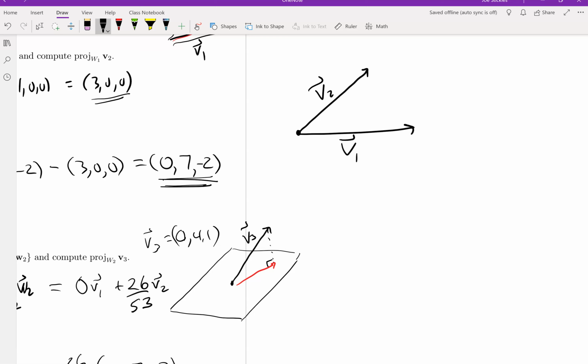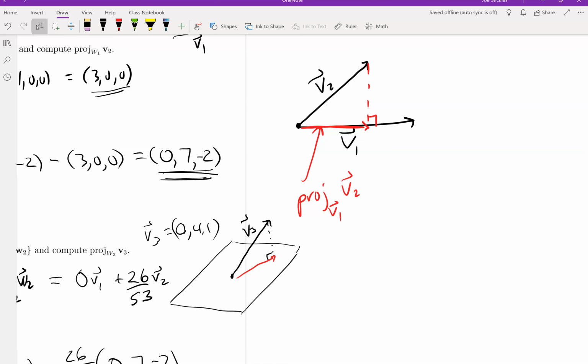So to get a vector that is orthogonal, the first thing we do is drop down that perpendicular and calculate the projection. That red vector that I just drew is the projection of V2 onto V1. Now the projection, of course, is a vector in the same direction or the exact opposite direction as V1. We typically refer to that as parallel to V1. It's a scalar multiple of V1.